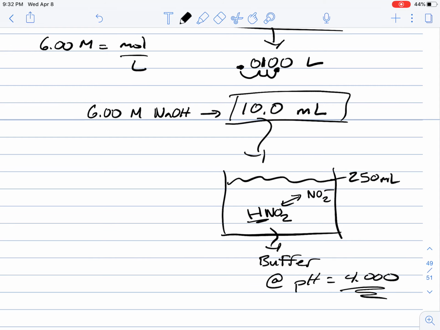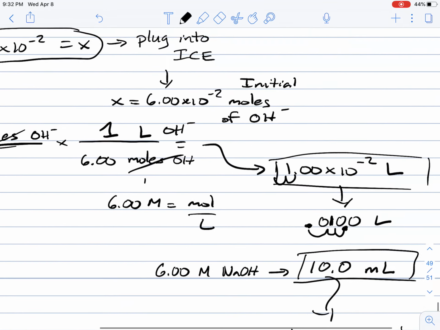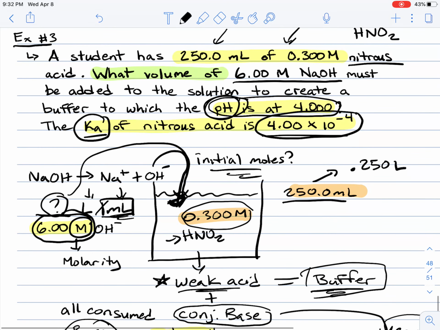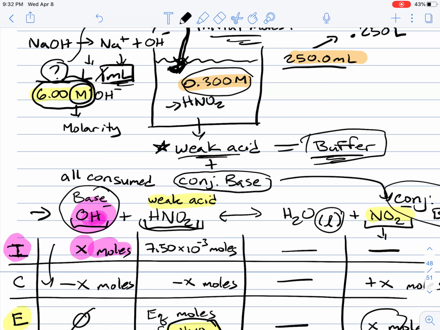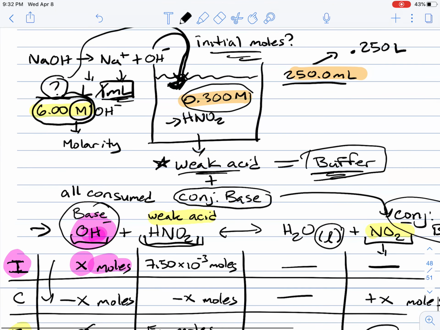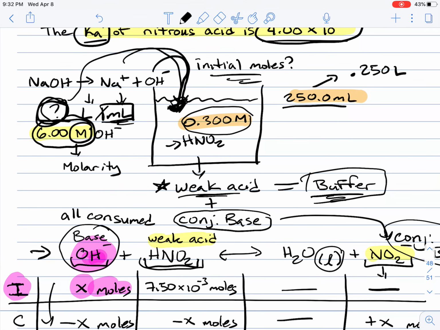Cool. All right. So hopefully you guys understood the main techniques to this problem. When you guys are doing this on your own, you are adding a strong base to a weak acid. And so that should invite you to write a chemical equation, just like what we did here. And then after you wrote the chemical equation, the question is asking, how much volume do you need to put into this beaker?